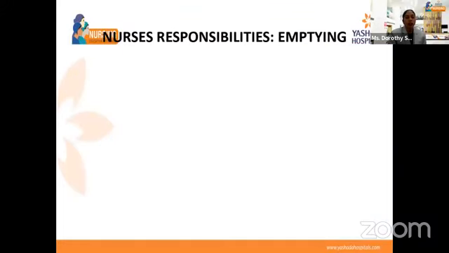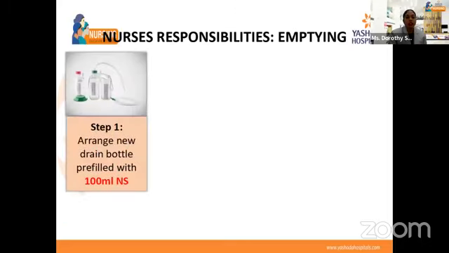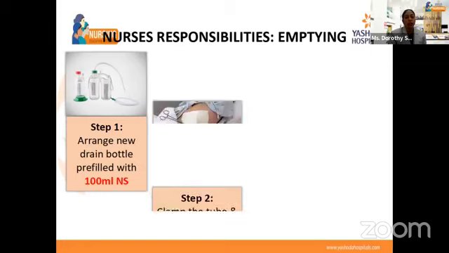Next, coming to the important part, the nurse's responsibility in emptying the drain. It is a major task for the nurses. When we see the steps of emptying the drain, step 1, she should arrange a new drain bottle that is already pre-filled with 100 ml NS.